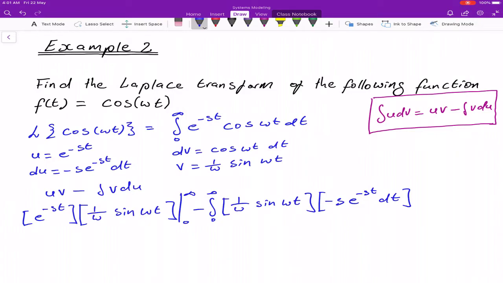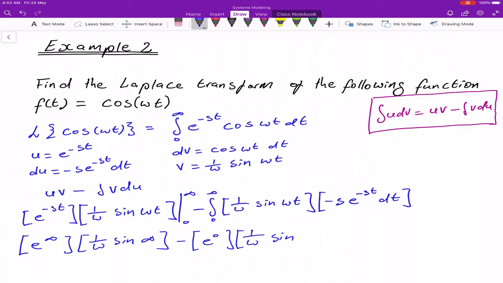And plug in our upper limit. We are going to have e to the minus infinity, then here we are going to have 1 over omega sine infinity, minus, and plug in our lower limit, e to the 0 multiplied by 1 over omega sine 0, plus, and we can pull this s and 1 over omega outside the integral.